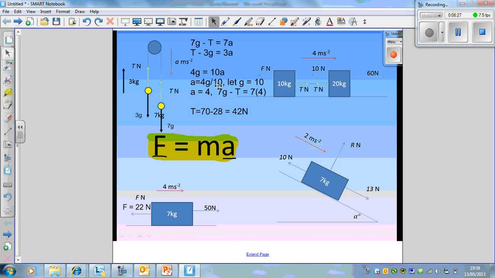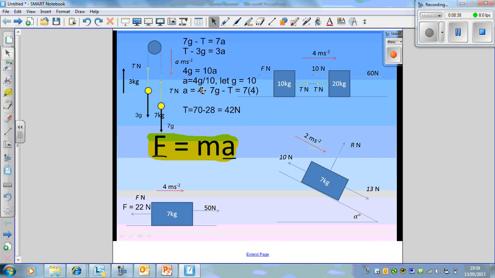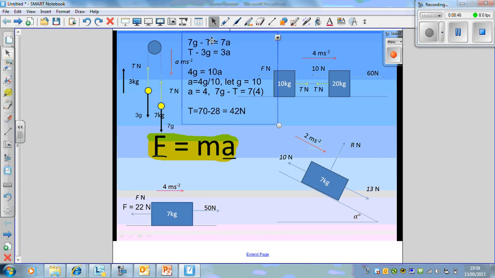There will always be two unknowns in these kind of problems. Acceleration is one of them, tension is the other. You cannot work out the acceleration nor the tension without having two equations. That's a fundamental thing. The number of different unknowns we have in a problem means that we have to have that number of equations. Here we had two unknowns, a and T, and we had to have two equations. And that's a very useful philosophy to have when you're solving these mechanics problems.